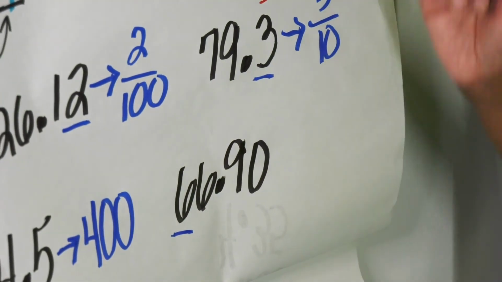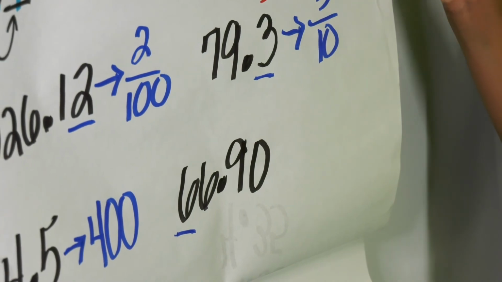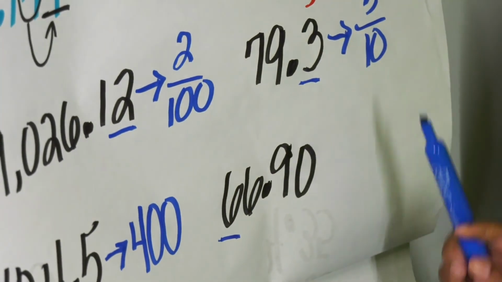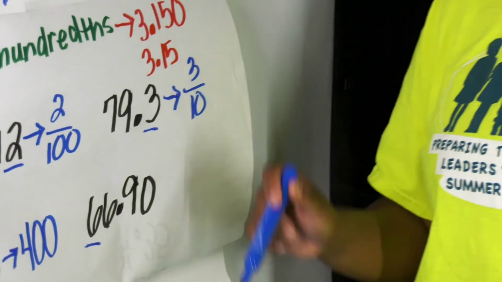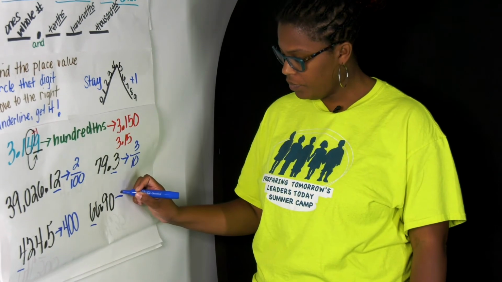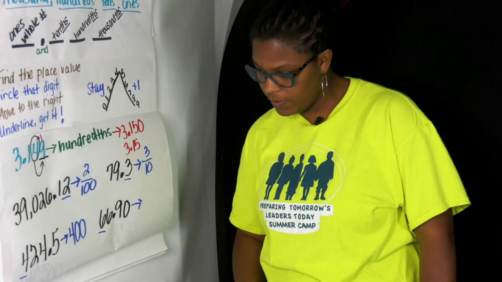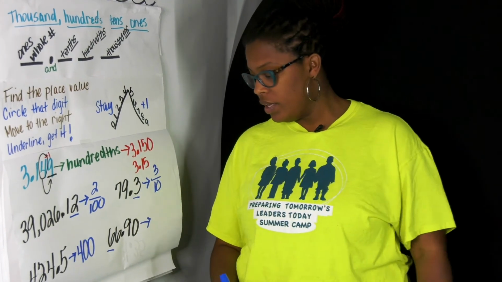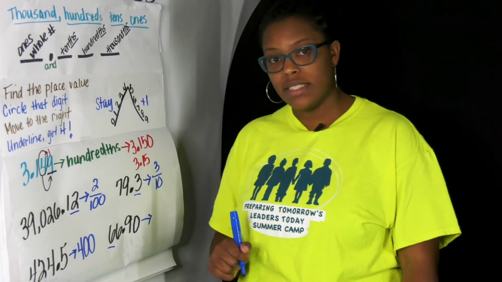Okay, I want you to use the strategies that you were taught yesterday with place value and what you were just shown and identify the value of this 6. Remember, you are a super mathematician, so believe in yourself to get this answer correct.